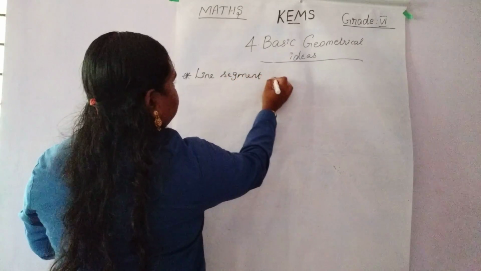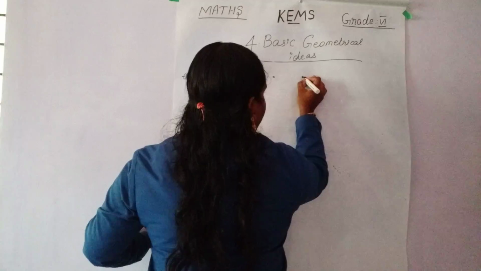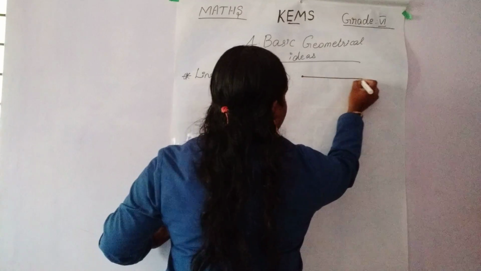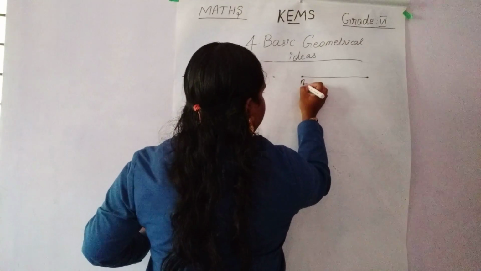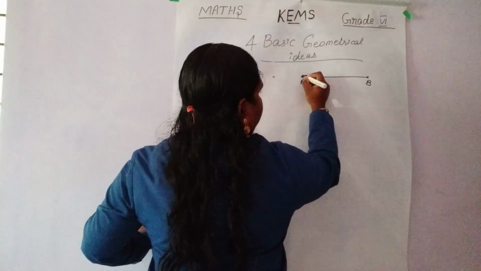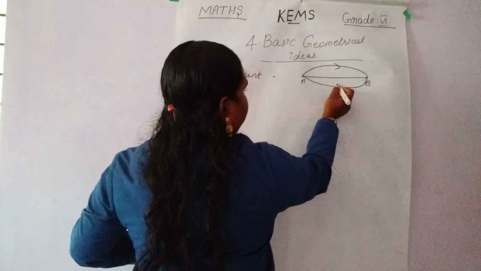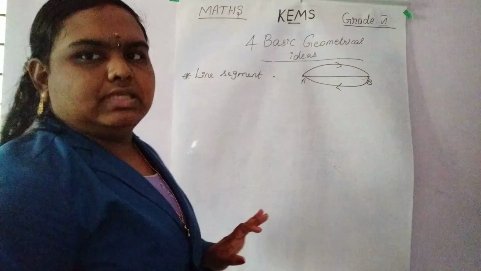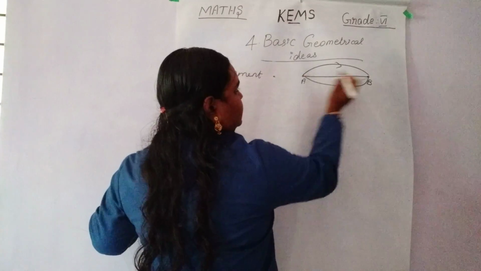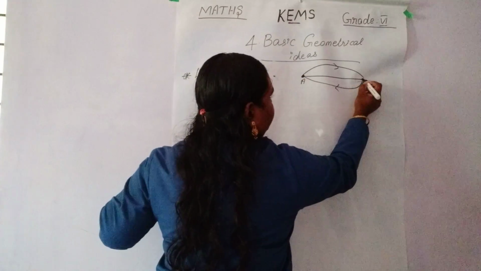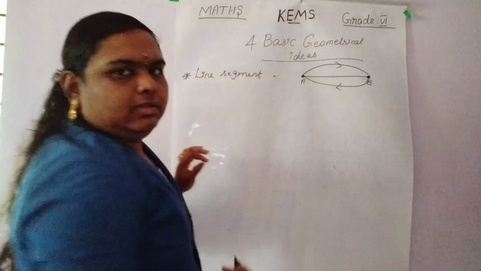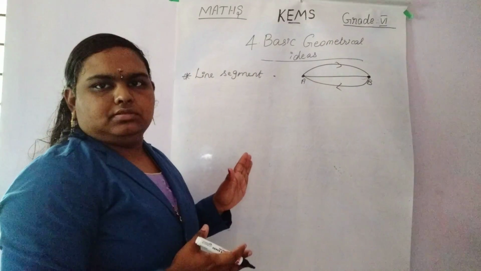A line segment is nothing but, if I am taking these 2 points, A and B, it is a line segment, and B to A is another line segment. It has 2 points and it stops there.